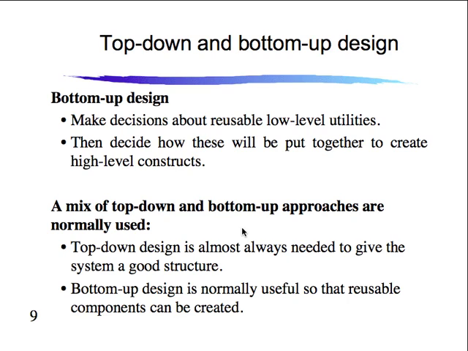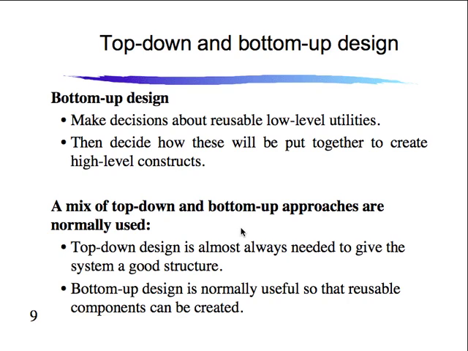The bottom-up design, you make the decisions about the low-level utilities, the algorithm, the design of the modules, the lower-level details, and then you decide how you're going to put them together in the higher-level constructs to create the big system out of it. Most people actually do a mixture of top-down, bottom-up approaches, and they're not going to go one or the other, because you don't know what's going to happen.